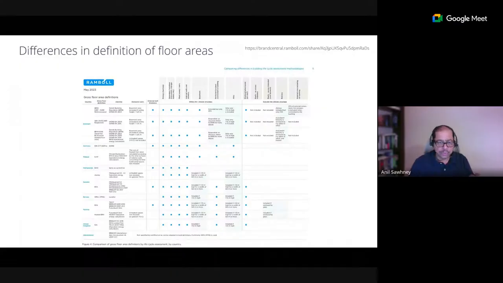So that definition itself is problematic and reduces the consistency that we are looking for in doing whole life carbon assessments, putting them into a benchmarking database and utilizing them for various purposes, not only showcasing the better performing assets, but also utilizing that historical information to guide your new buildings in the early stages when not much project information is available. So it's another problem that must be addressed.